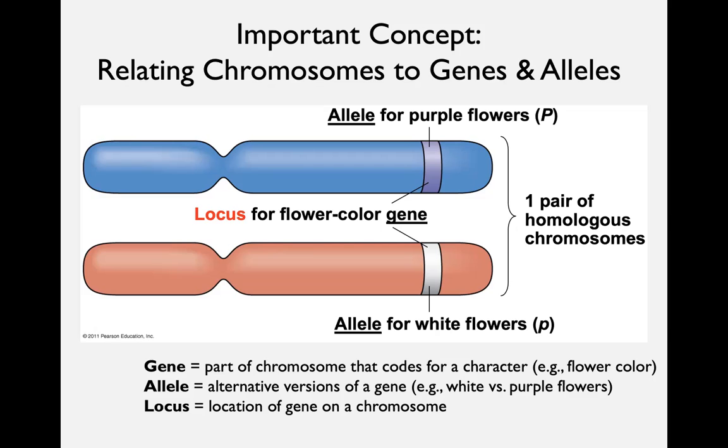So here, the big P indicates that this allele is dominant over this allele, the recessive. Okay, so locus, just location. I won't use that term all that much, but it might pop up here and there. Gene and allele you'll hear over and over again.